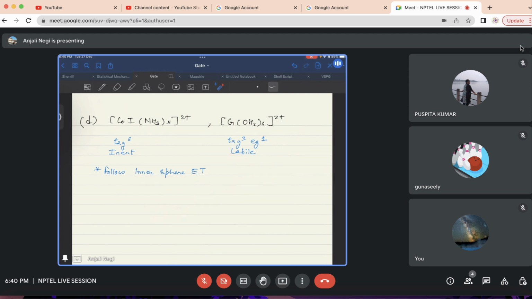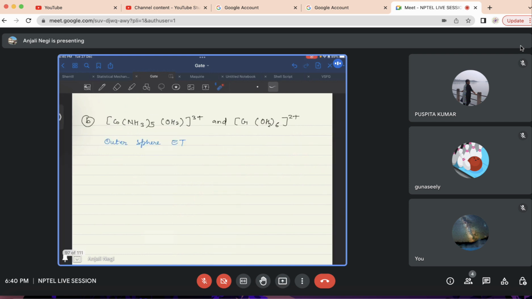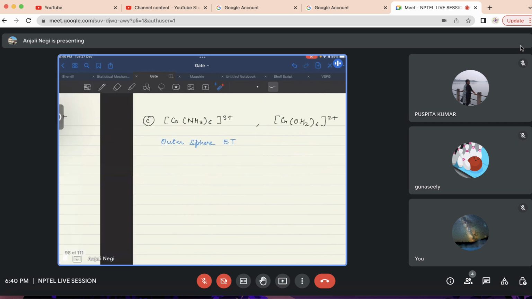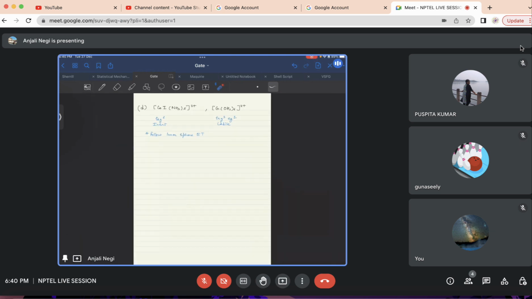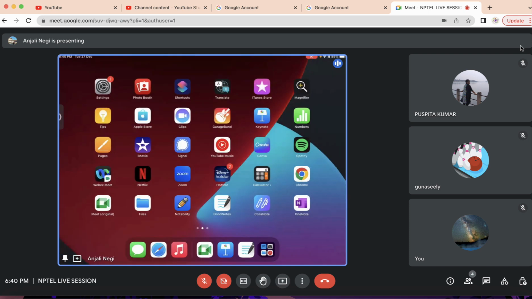In the case of fluorine and iodine, the ligand that will show more bridging property is iodine. So we can neglect this, and the electron transfer is fastest in the case of D. I hope you got the solution.